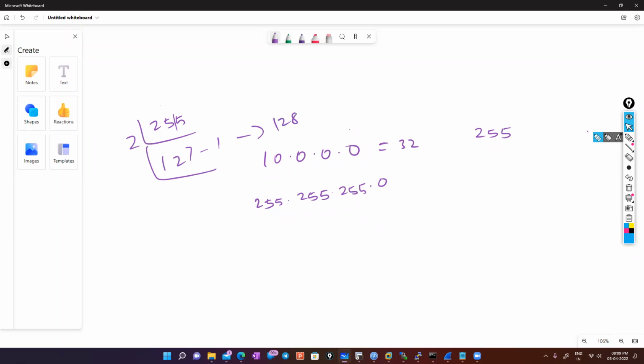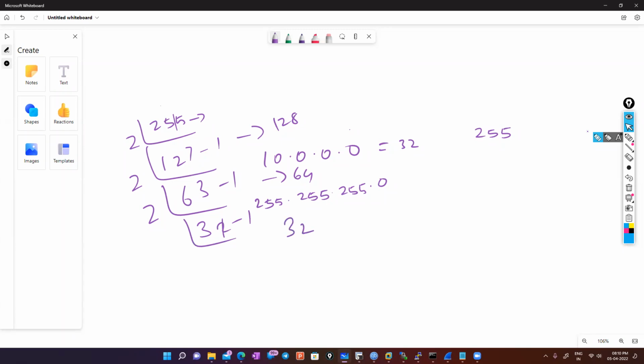So I am basically segmenting the number 255 into 8 parts, converting this decimal value back to binary. Again, dividing by 2, the remainder is 1, and it gives me a value of 64. The same way, the remainder is 1, and it gives me a value of 32.